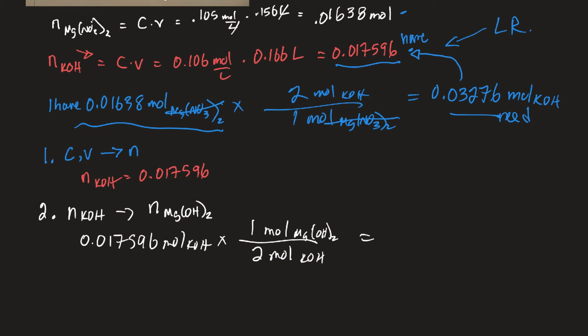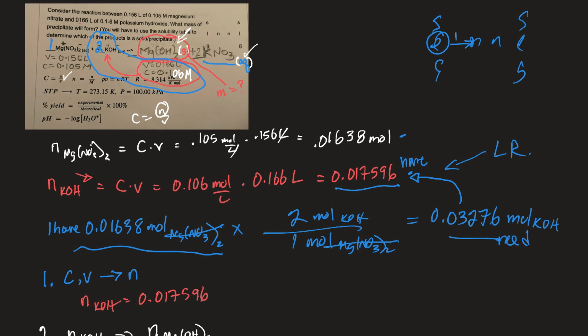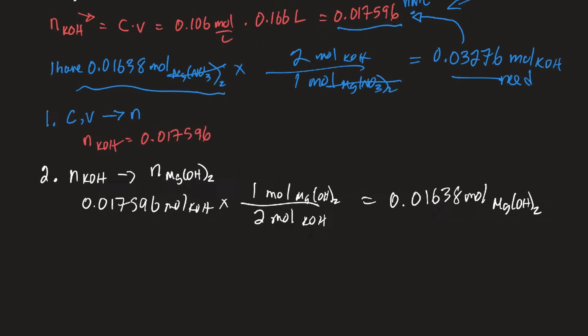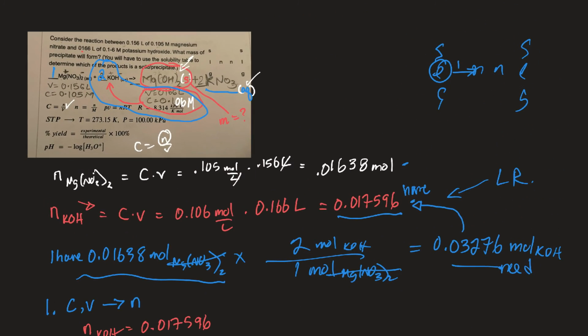Okay, so I take that number that I have, divide it by 2. Okay, and I'm going to get 0.01638 moles of my precipitate, magnesium hydroxide. Okay, and then the question says what mass of the precipitate will form. So I just did this step. Now it wants a mass, so it's a solid, so that'll be step 3 there.